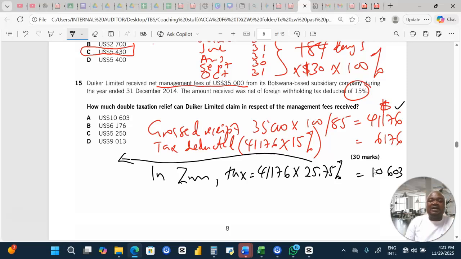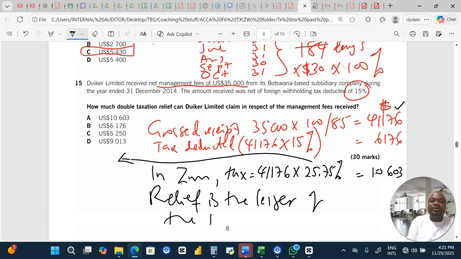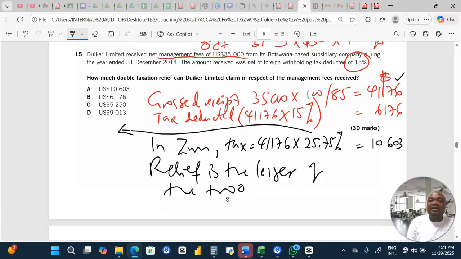Okay. So the relief there is the lesser of the two. The lesser of the tax deducted in Botswana and the tax to be deducted in Zimbabwe.